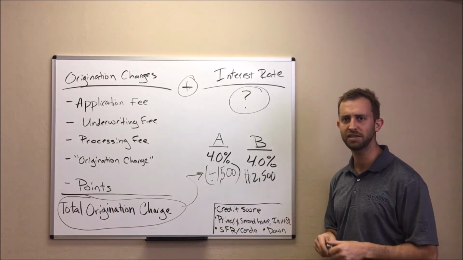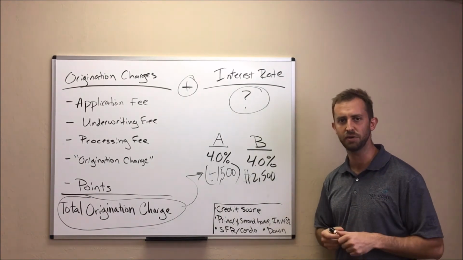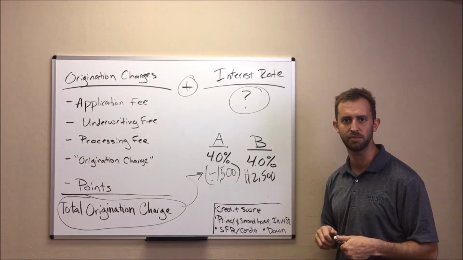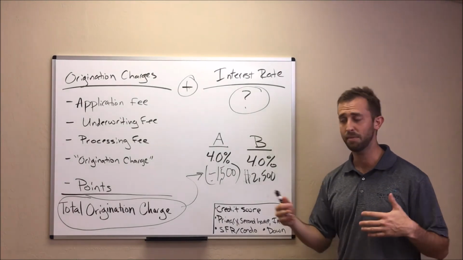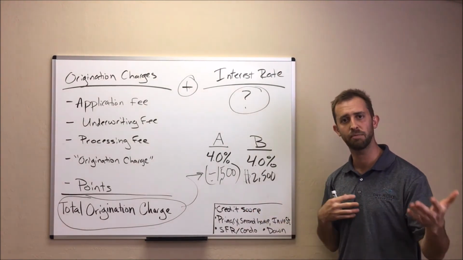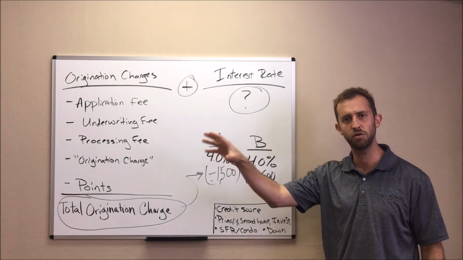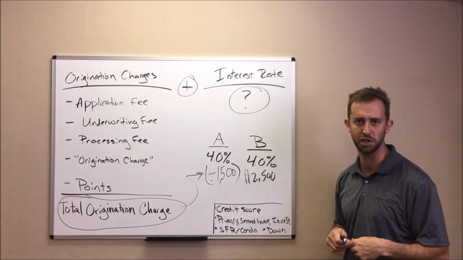So how do you shop? When should you shop? Let's say you get a loan estimate. I would highly advise you as a consumer to spend the next day or 2 once you receive a loan estimate from your lender to go out and shop different lenders to see, am I getting a good deal? Am I getting a bad deal? What do those new lenders you're approaching need in order to give you an interest rate and origination charge quote?